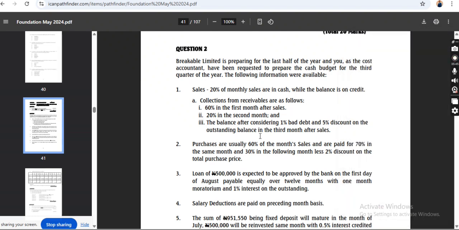The balance after considering 1% bad debt and 5% discount on the outstanding balance in the third month after sales.